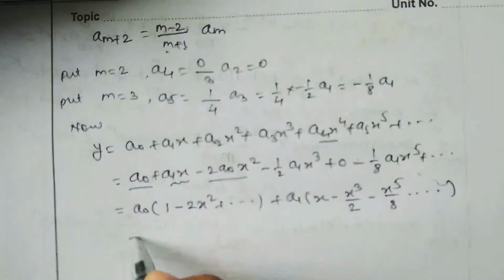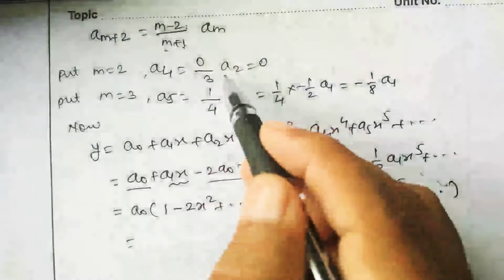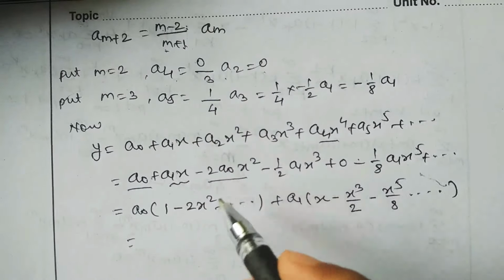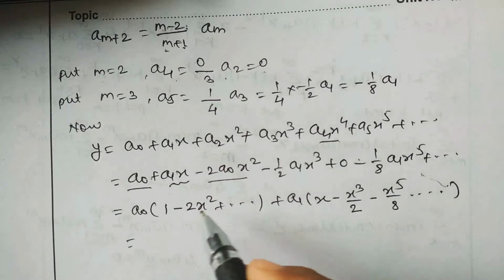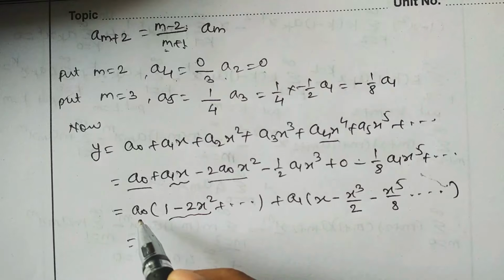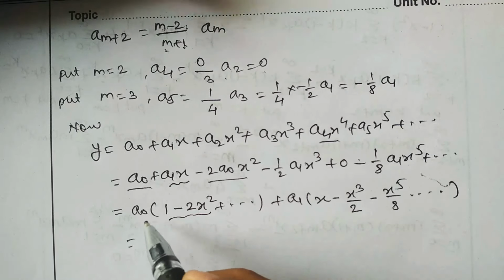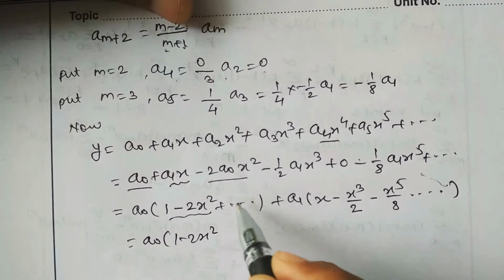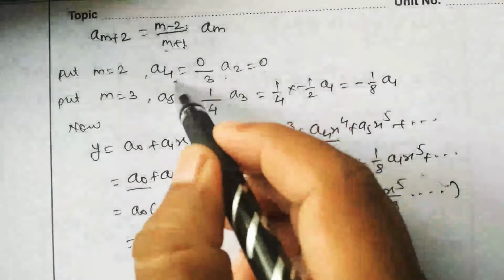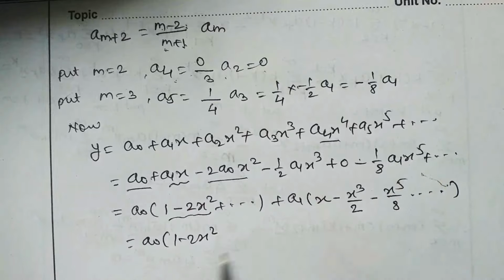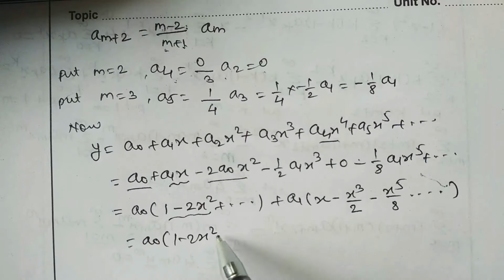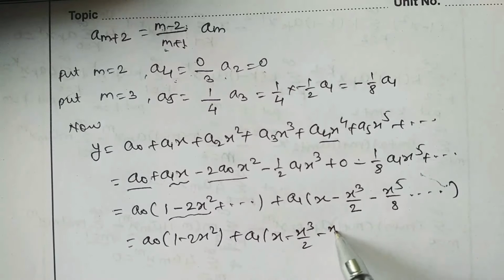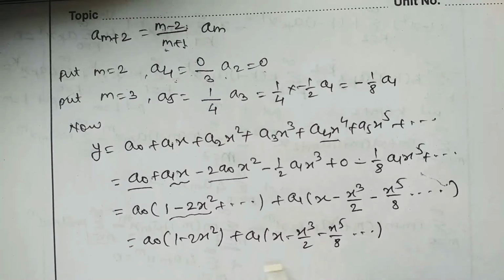Now see, since the value of a4 is 0, we will get a6 0, a8 0 similarly. So these are the only two terms containing a0. So you will get here a0 into 1 minus 2x square. Remaining terms are 0 because a4 is 0, a6 is 0, like that. So you will get only two terms of a0, and plus a1 into x minus x cube by 2 minus x to the 5 by 8 dot dot dot remaining terms.